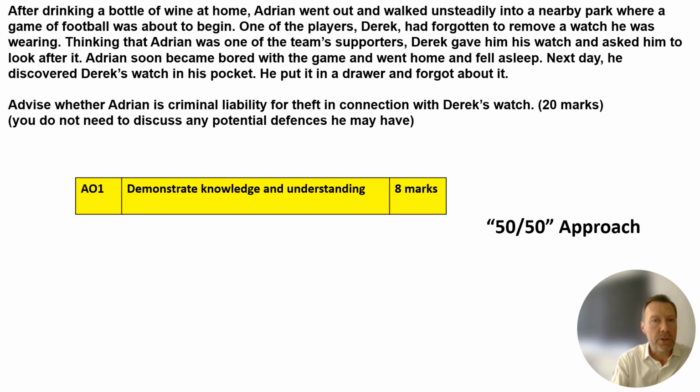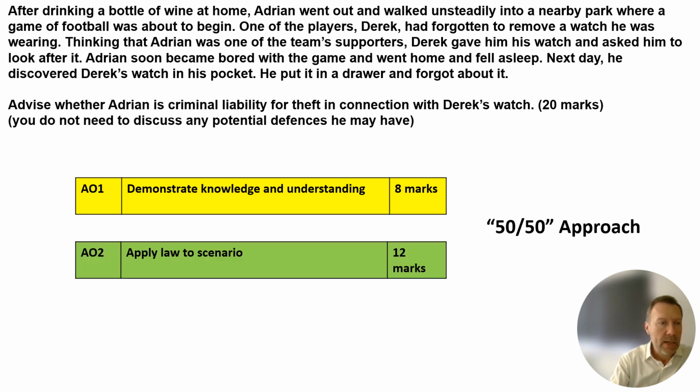On this occasion, this is OCR syllabus, the 20 marks comes from 8 marks worth of AO1 content where you're just explaining the relevant law. And you're going to get 12 marks for applying that law to the scenario, and that's the AO2, the problem solving bit.